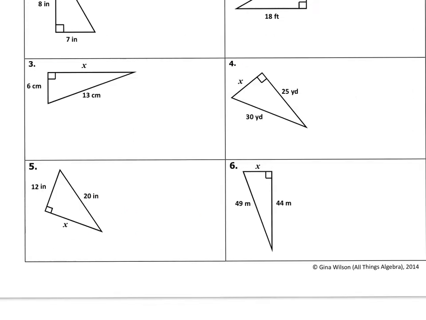Number 3, again, I have a leg here, and here the 13 is my hypotenuse, and I'm asked to find my other leg. So it should be the sum of the two legs squared, which is x squared plus 6 squared, should equal 13 squared. Notice the difference here. The 13 is the hypotenuse, and therefore this 13 has to be by itself.